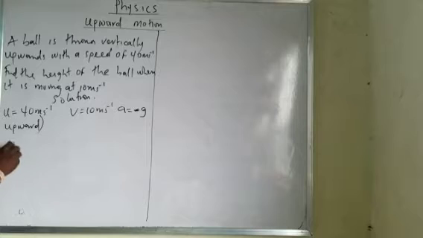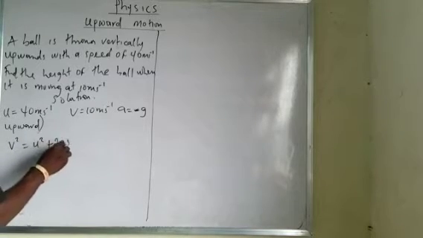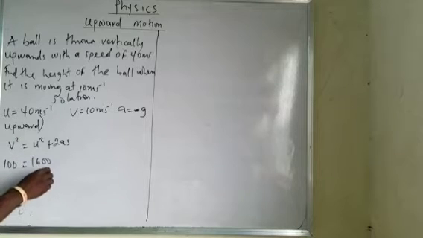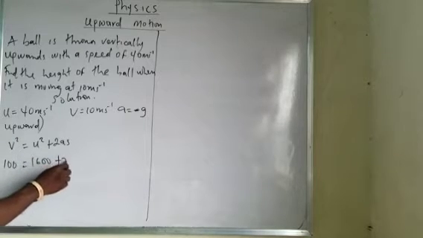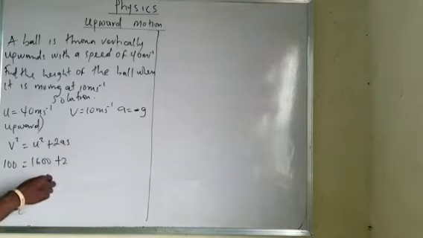And my v squared equals u squared plus 2ax. What is my u? My 100 equals 1600 plus 2 times a.